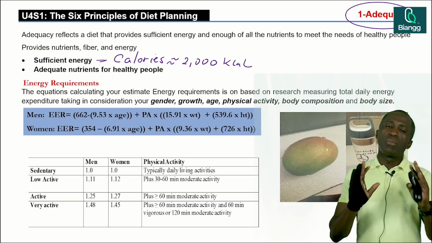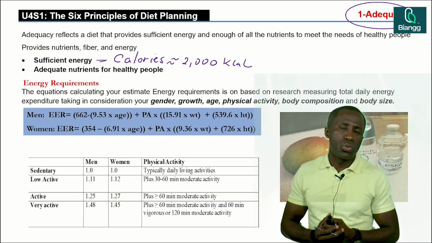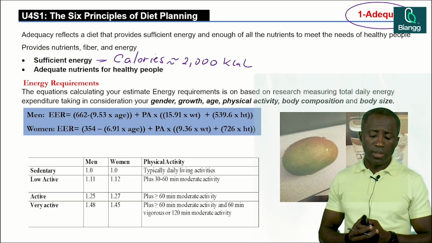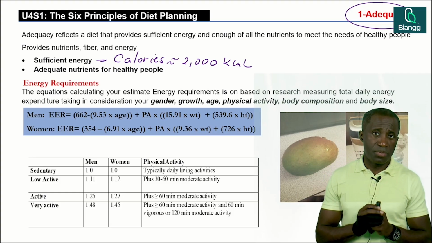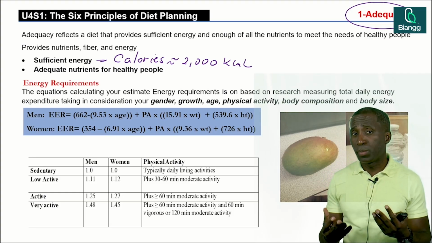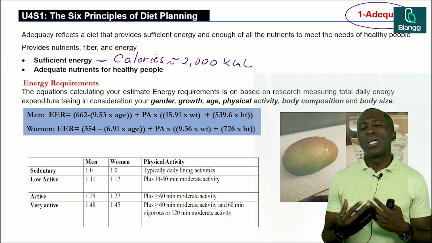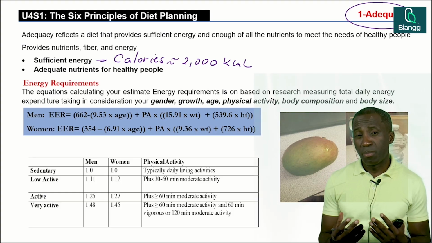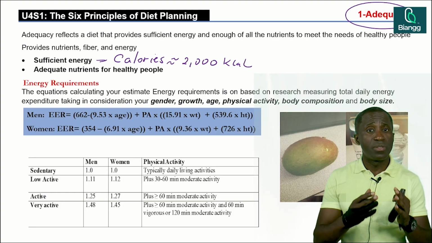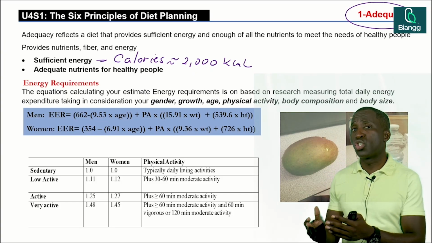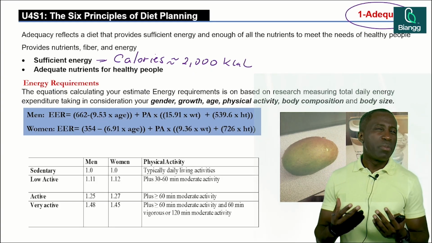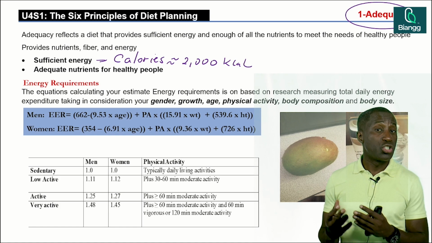But in this stage, please remember I mentioned it on Unit 2 and Unit 3 as well. Everybody is different. If you're a man, if you're a woman, if you're tall, much younger, much older, how much energy a person needs will differ from person A to person B, right? So it will be very important to actually know how much energy do you need.